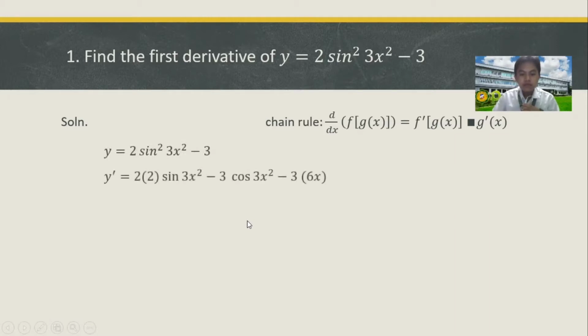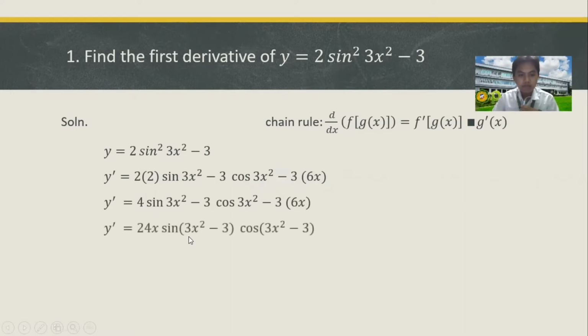So y prime is equal to 2 times 2, copy the sine of 3x squared minus 3, then the derivative of sine is cosine, then copy the quantity of 3x squared minus 3 times the derivative of 3x squared minus 3, which is 6x, and then simplify. 2 times 2 is 4, then 6 times 4 is 24x.